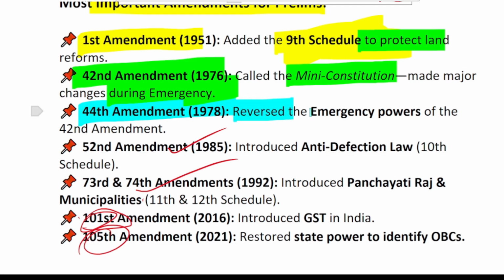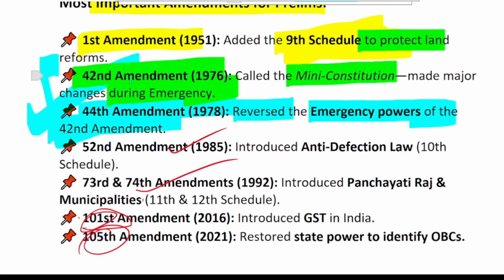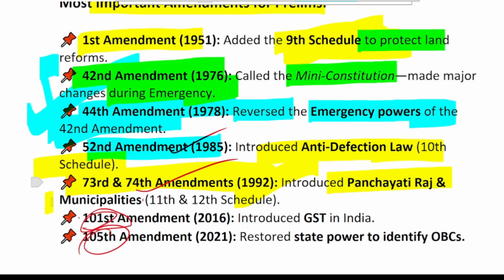You need to understand the difference between the 42nd and 44th Amendment Acts, which we will be dealing with later. The 52nd Amendment happened in 1985 and introduced the anti-defection law, the 10th schedule. The 73rd and 74th Amendments, 1992, introduced Panchayati Raj and municipalities. So remember the 11th and 12th schedules.